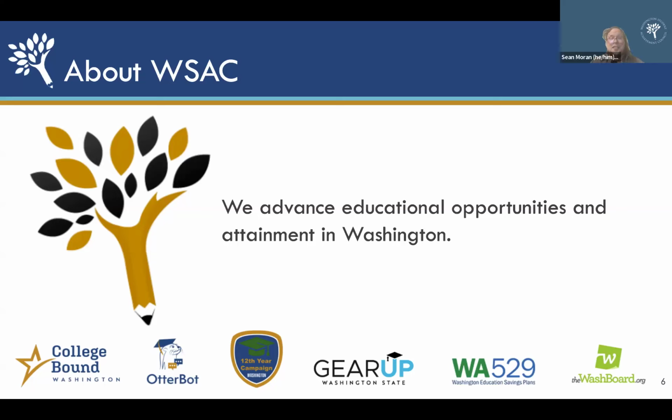WSAC is a state agency. That means that we follow, of course, state government regulations, but it also means that we work a lot with state agency partners to make sure that we are doing the best we can to assist anyone who is doing this work, to assist young adults or adults in returning to higher education or education after high school.